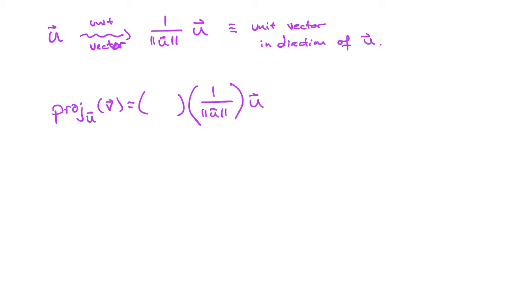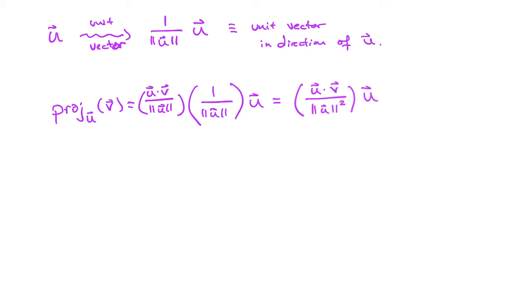Coming from our dot product, we know how big that was supposed to be: u dot v divided by the length of u. So we end up with u dot v divided by the length of u squared, times u.